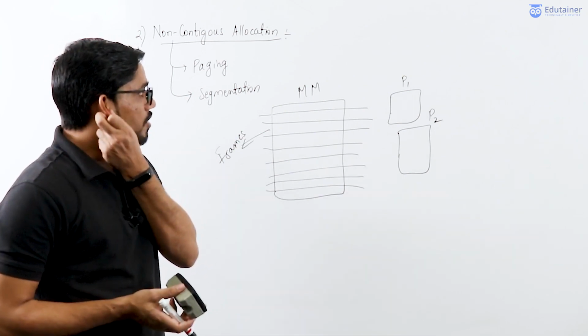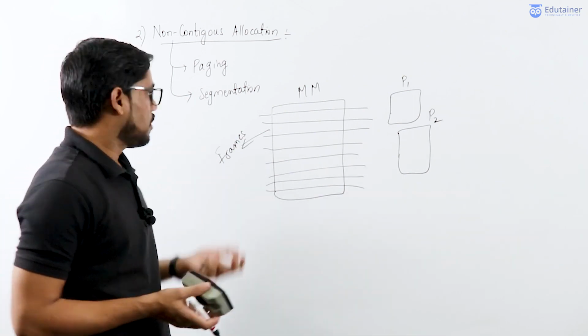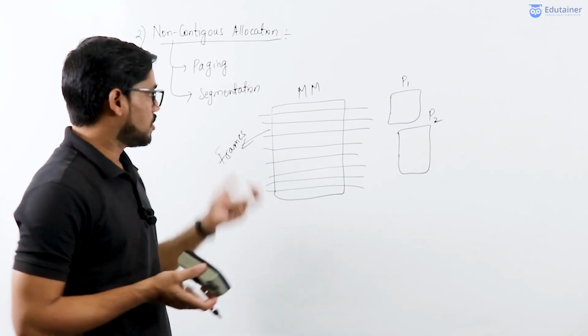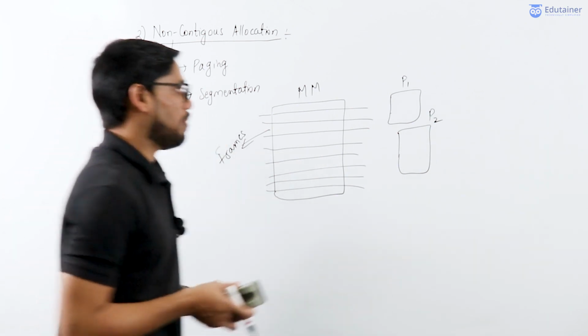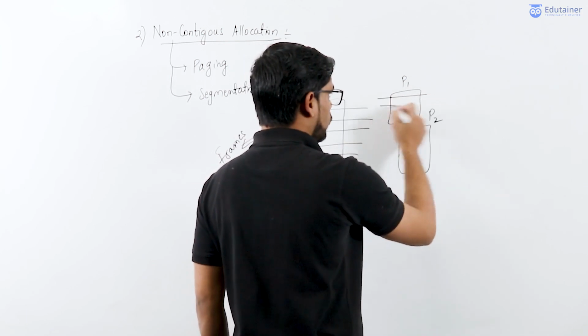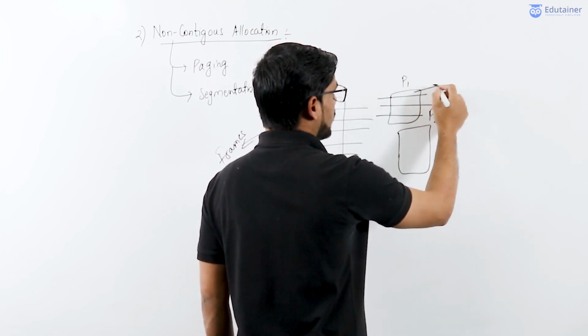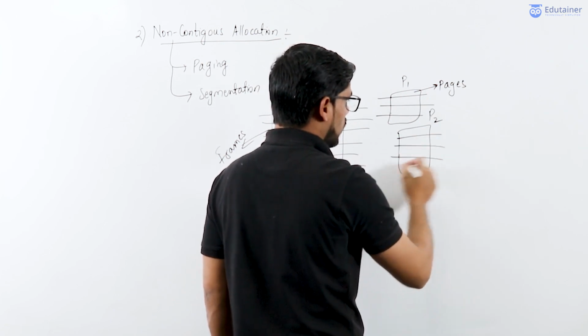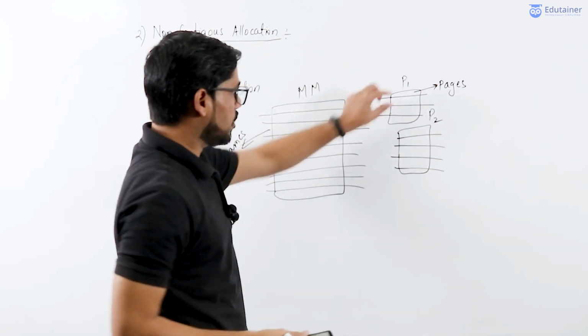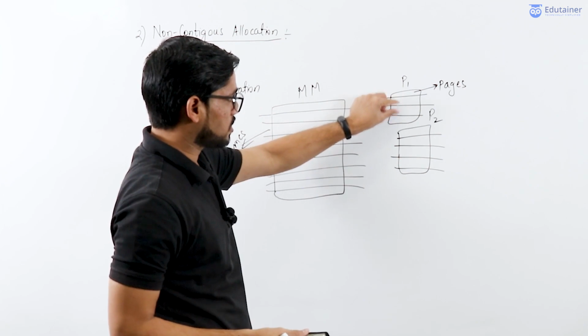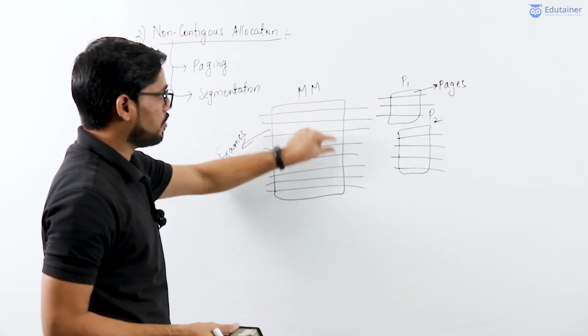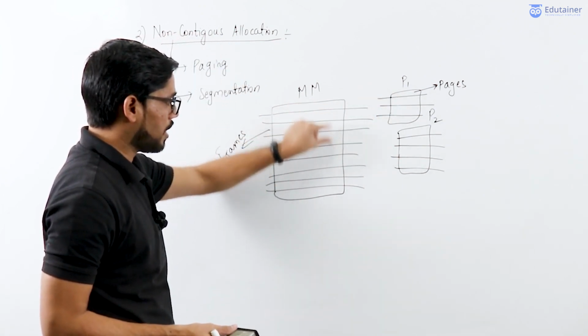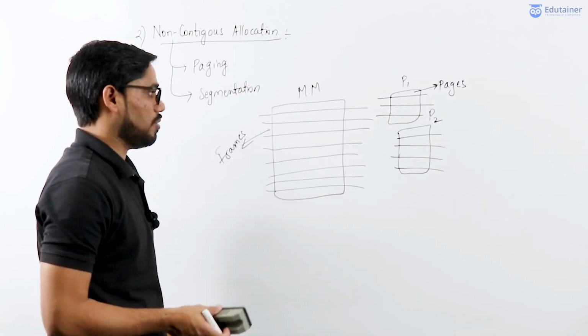So whenever we create or design the operating system, we create it based on this perception. And the process is divided into pages. Now the individual pages of the processes are put in a random manner in the memory locations available here.